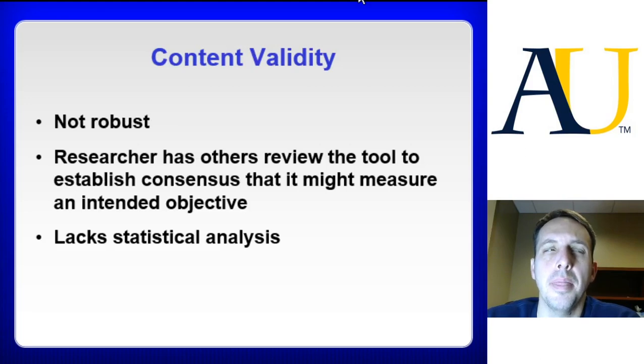Content validity is a little bit more robust, but not as much. Basically, it goes from a single researcher to a consensus group of experts. And so you can see this most often in surveys, where surveys will end up going to a group of evaluators, and this group will decide whether or not that survey is accurately measuring what they expect it to measure.